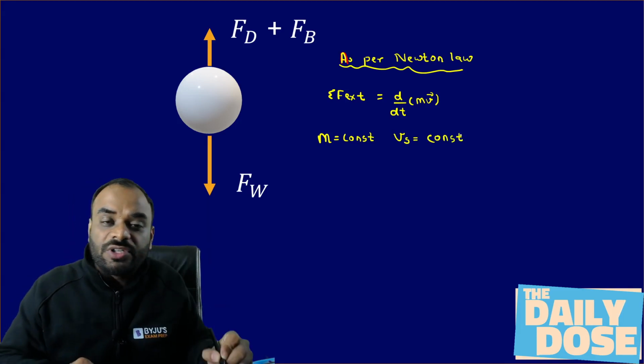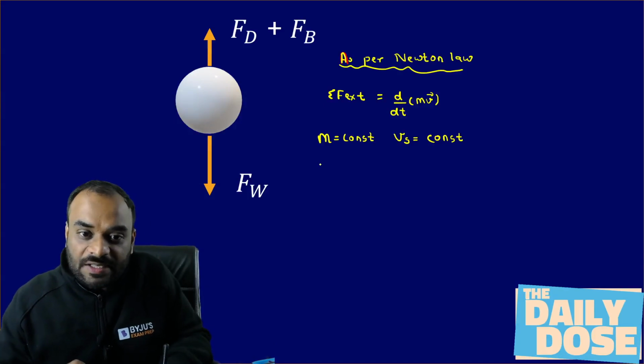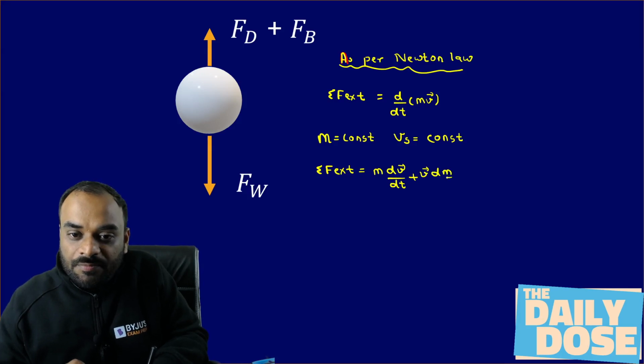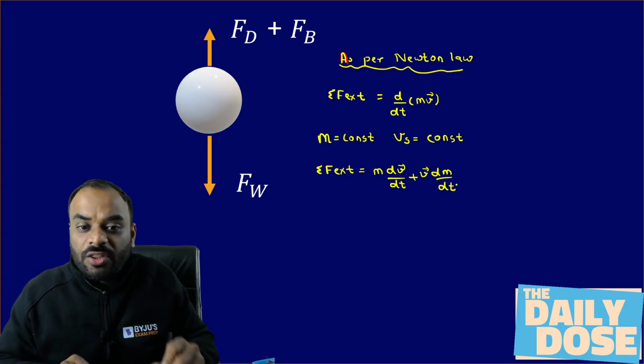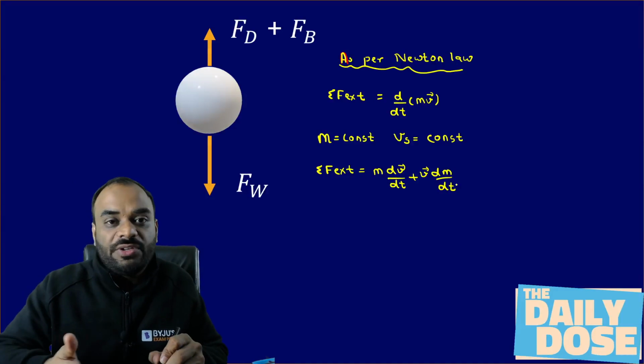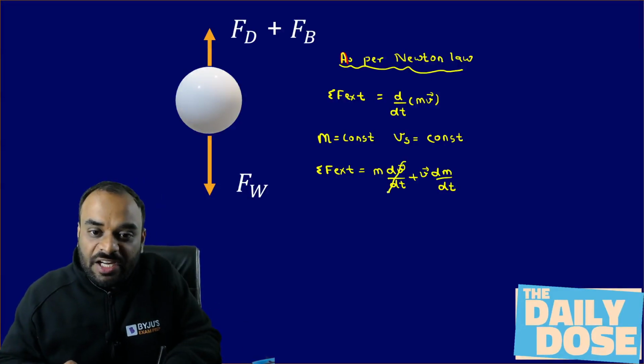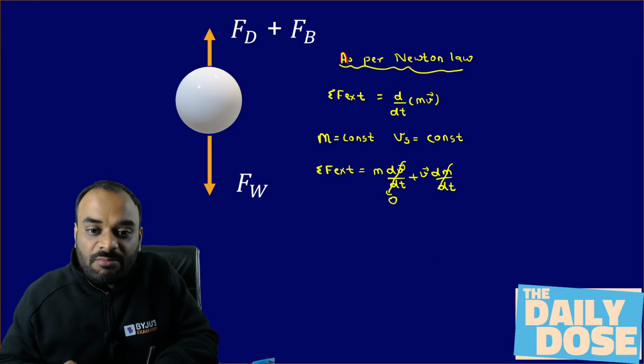If both the values are constant, then what will happen? Let's understand. So guys, summation F external can be written as m dv by dt plus v dm by dt, right? Now we know that if some value is constant and you take the derivative of it, it will become 0. So dv by dt will become 0, as well as dm by dt will become 0.